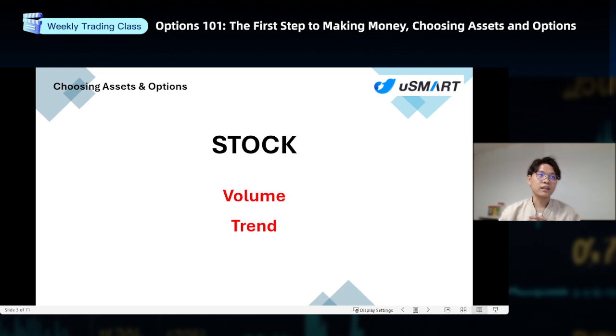So make sure that you choose the stock with a higher volume and a clear direction, a clear trend. Whichever stock can make you know the direction at first glance, without any thinking, without using your brain, will be the ideal stock. Because when you take a look at it, you know it is an uptrend or downtrend.